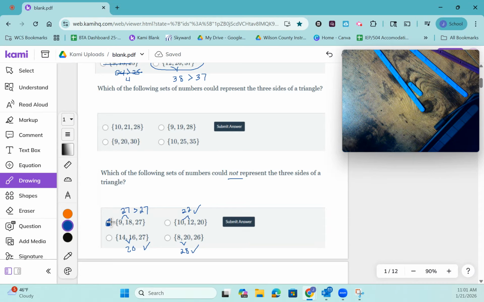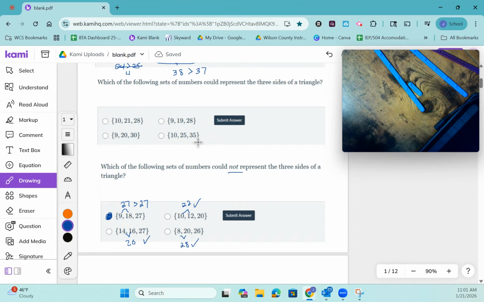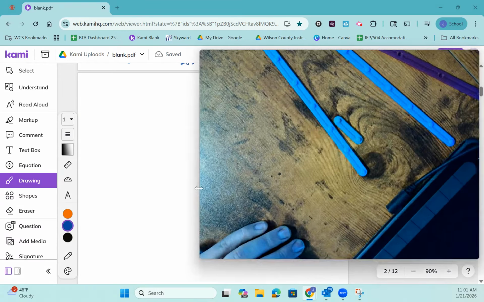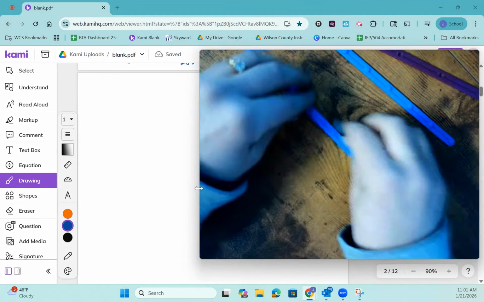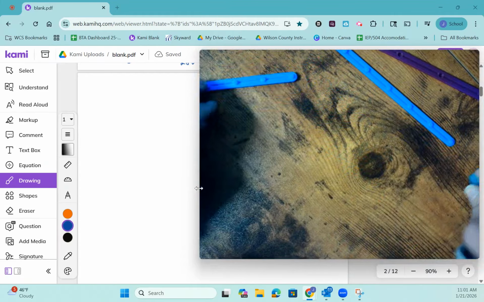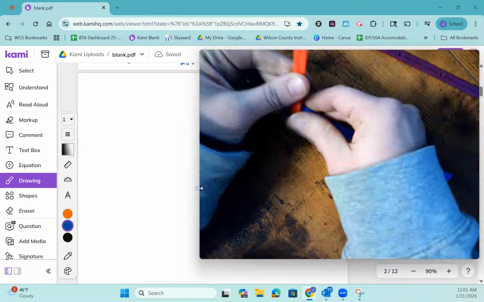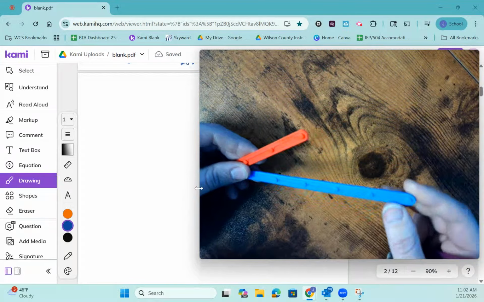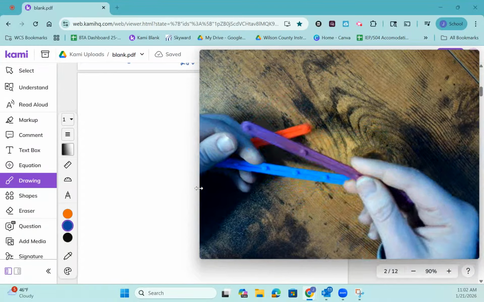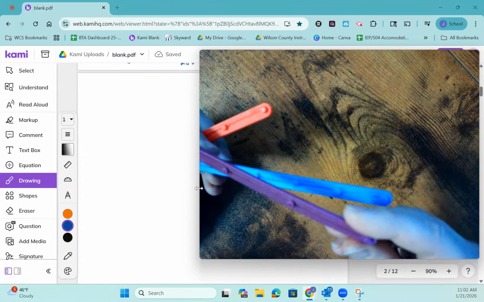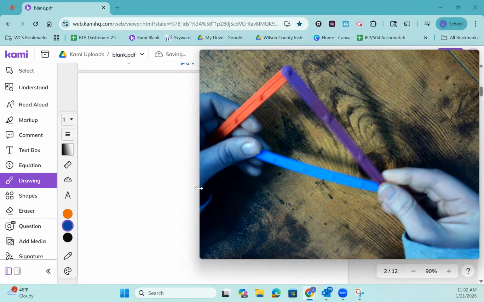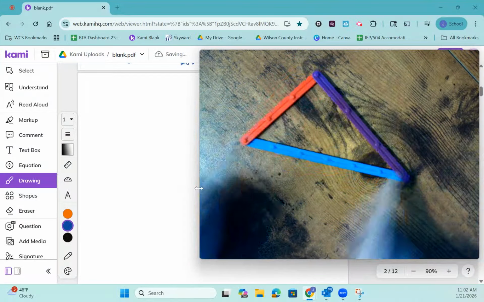Now notice that when you are given three sides of a triangle, let's come back to my picture here, you will only ever get that exact same triangle. If I give you three sides of a triangle and one is 8 centimeters, one is 15 centimeters, and the other is 12 centimeters, I will only ever get a triangle that looks exactly like this.